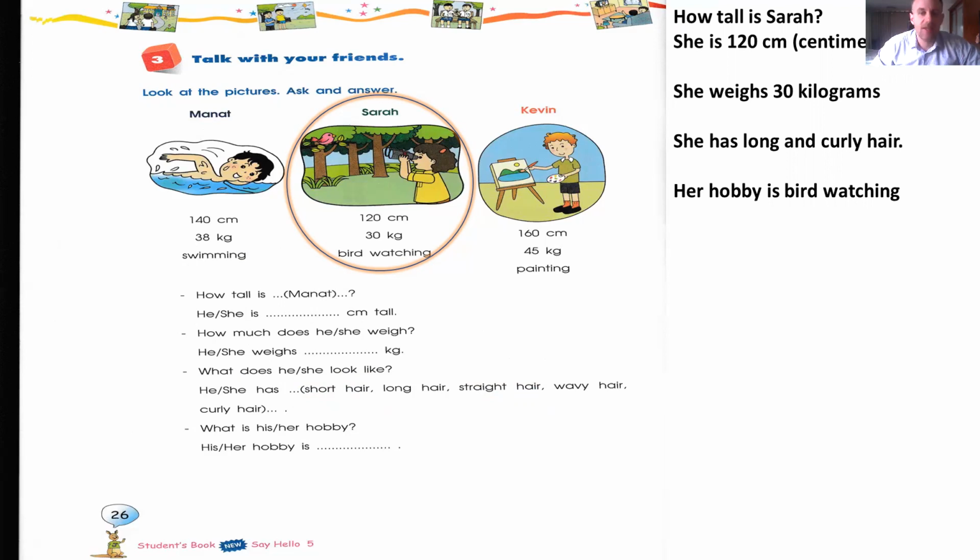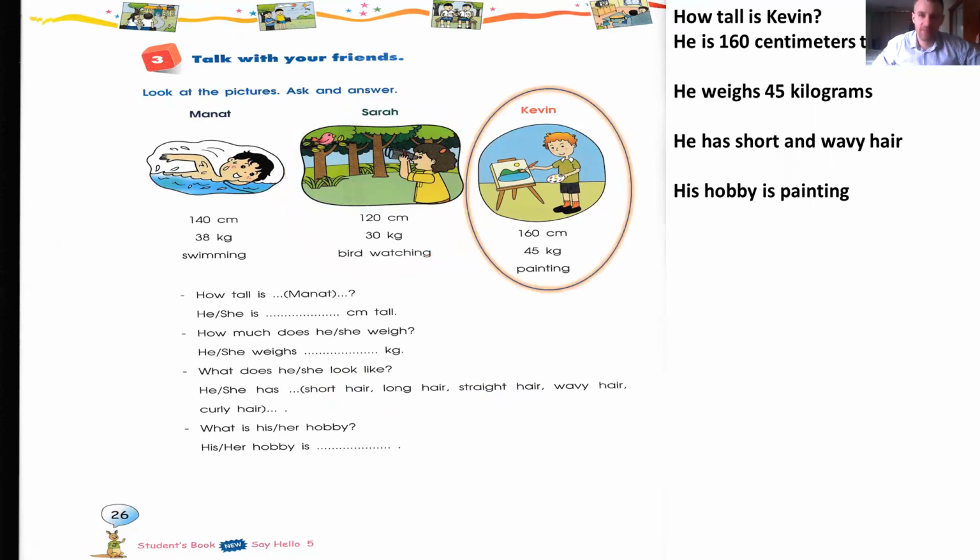Her hobby is bird watching. Now, about Kevin. How tall is Kevin? He is 160 centimeters tall. He weighs 45 kilograms. He has short and wavy hair. His hobby is painting. Wavy, it's a bit, you have hairs on the left, on the right, up, down. So you cannot do anything, but it's like this.